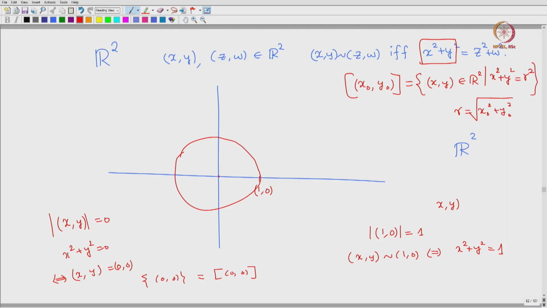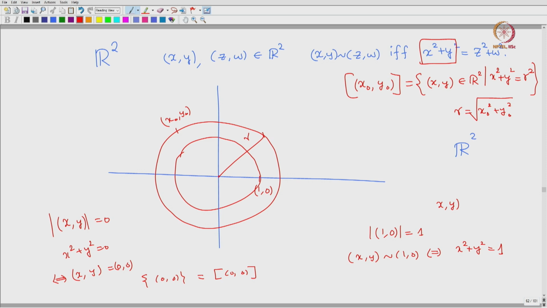Now you can draw this circle of radius R, and all the elements that lie on that circle are related to (x₀, y₀). Okay. So equivalence relations are not random subsets; they have geometrical meaning if you are working with specific examples.